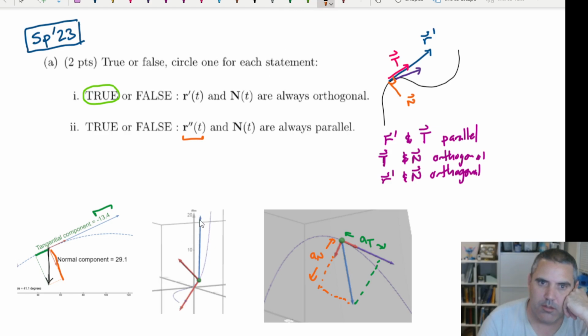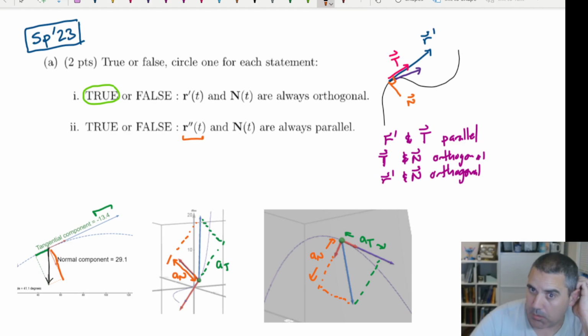So here's another one. The acceleration vector is way back here, which means it's slowing down. Let's label those as well. The tangential component, you'd come straight down onto this line. That's the tangential component. And the normal component is this way.